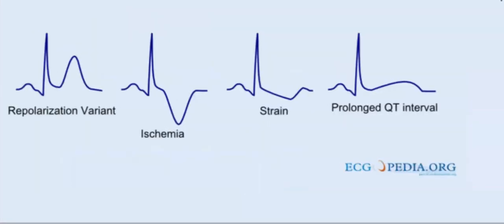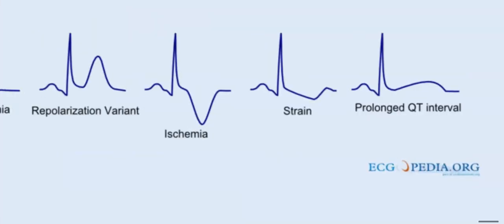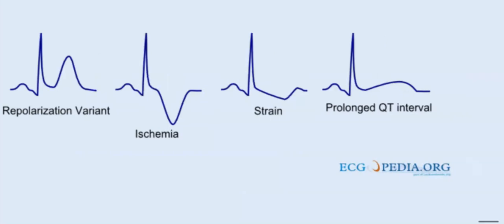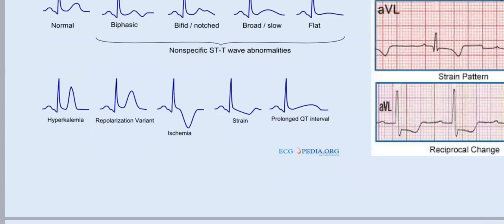Ischemia, like this one, you see, is symmetrical. In the strain, it's asymmetrical. Okay, it can help you a little to differentiate between the T-wave inversion of ischemia versus strain, the symmetry or lack of symmetry.